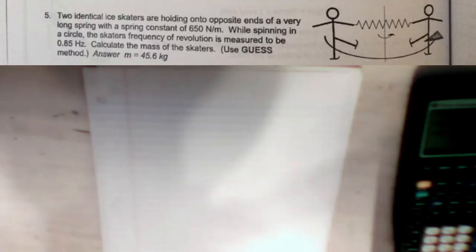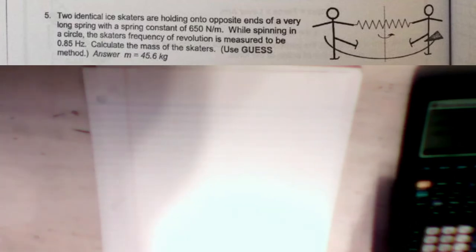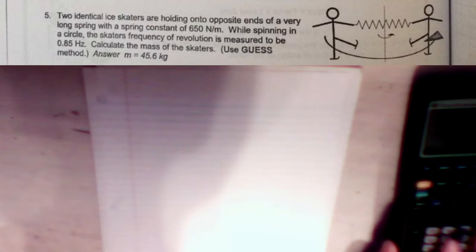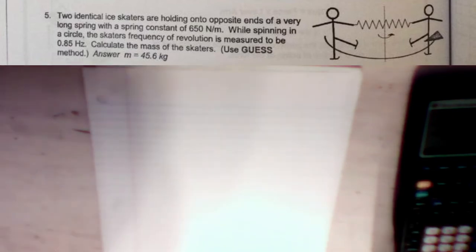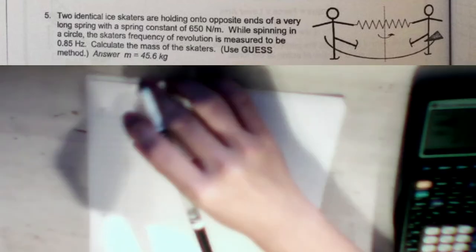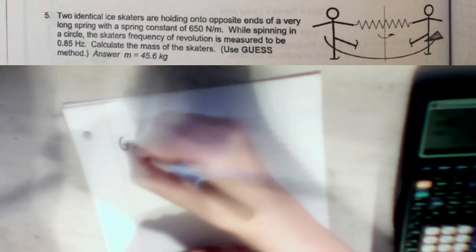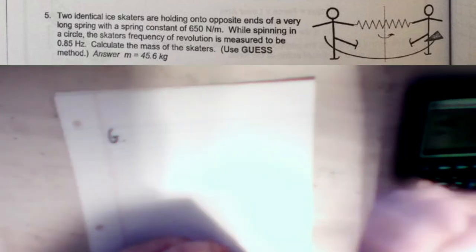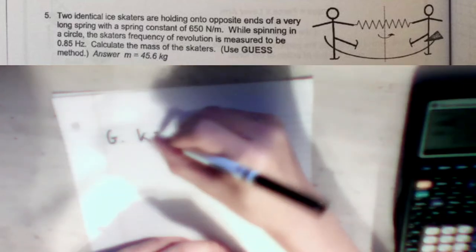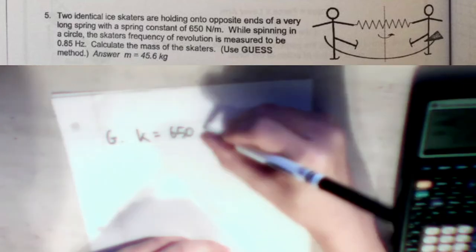Okay, so in this problem you have two skaters who are holding onto a spring and spinning around in a circle for God knows why reason. So, using your lovely GUESS method, the spring constant is 650 newtons per meter.